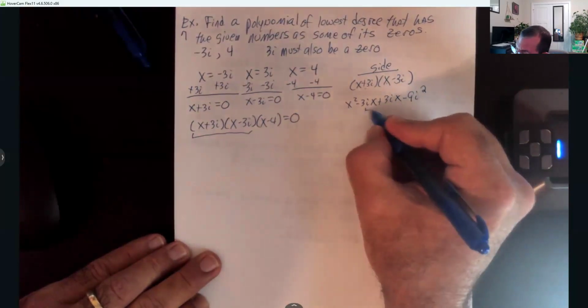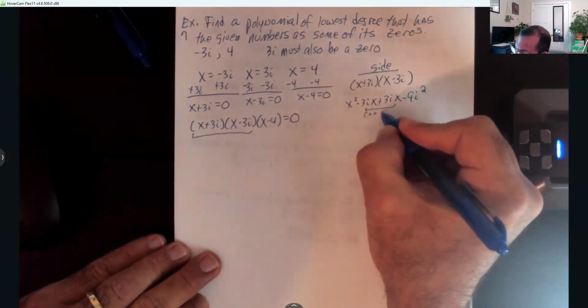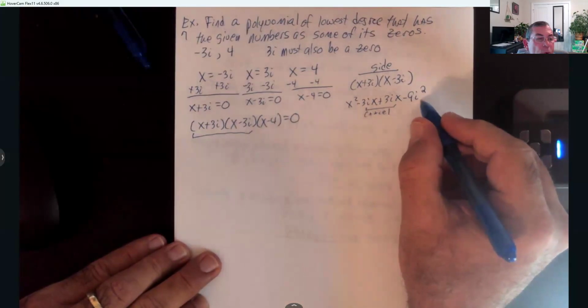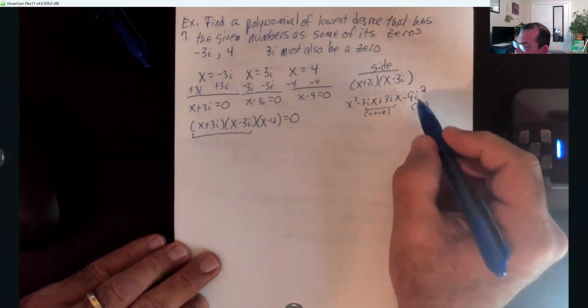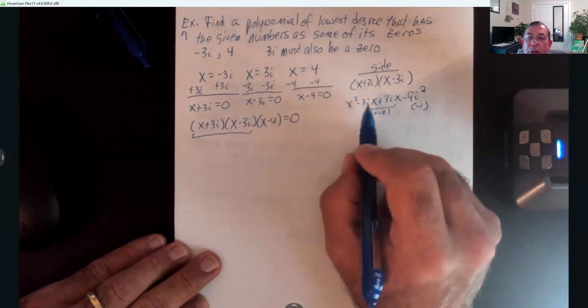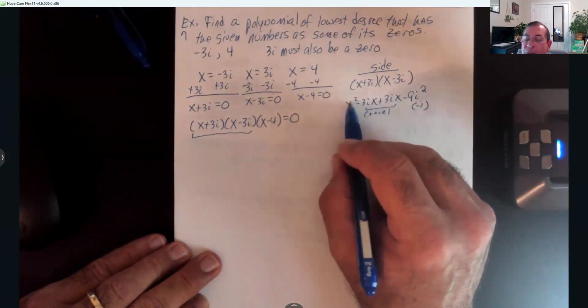So y'all, once again, the middles cancel. i squared equaled -1, we said. So replace i squared with -1 so that we end up with an x squared.